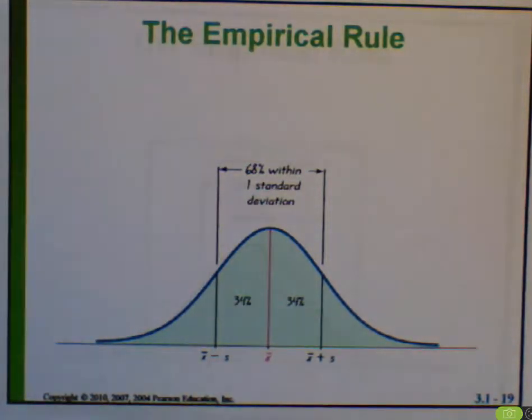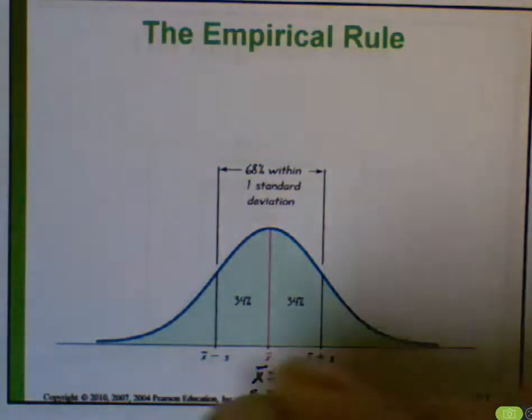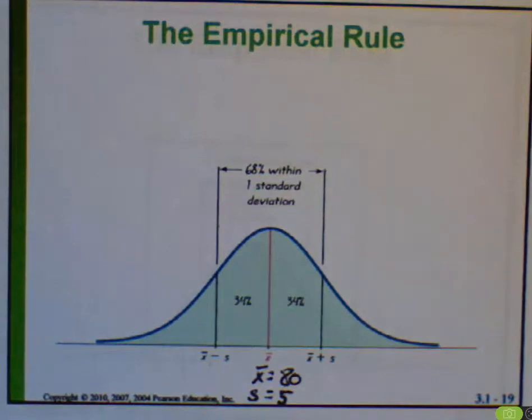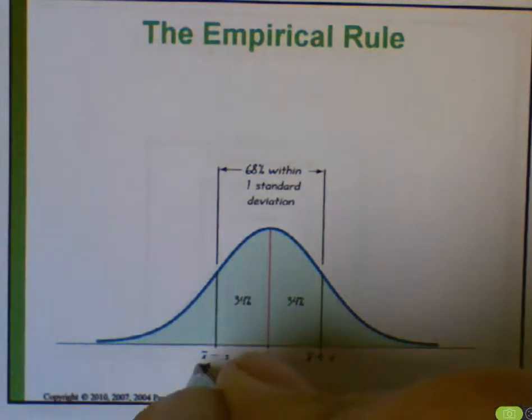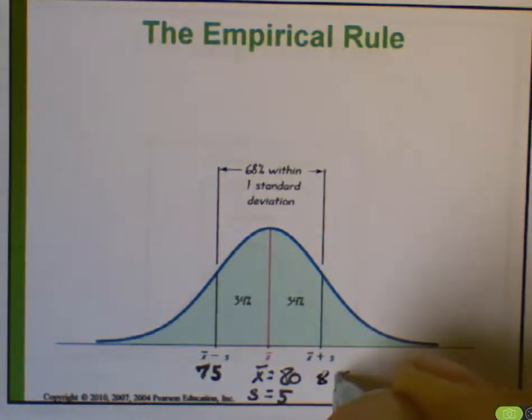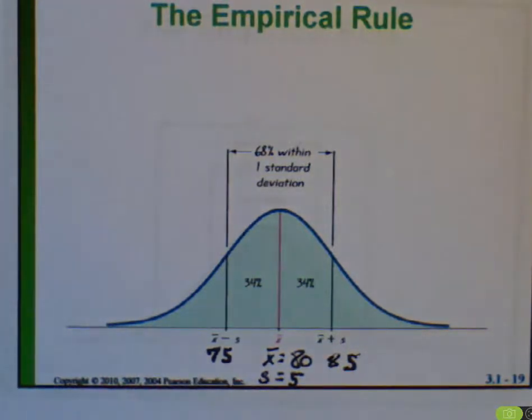If this was my test score example and I knew that the mean was 80 and the standard deviation was, this time I'm just going to make it 5, so I'm changing the problem, just making up a new problem. If my standard deviation was 5 points, then 1 standard deviation below the mean would be 75 points. 1 standard deviation above the mean would be 85 points. And the empirical rule would tell me that 68% of my scores lie between 75 and 85.